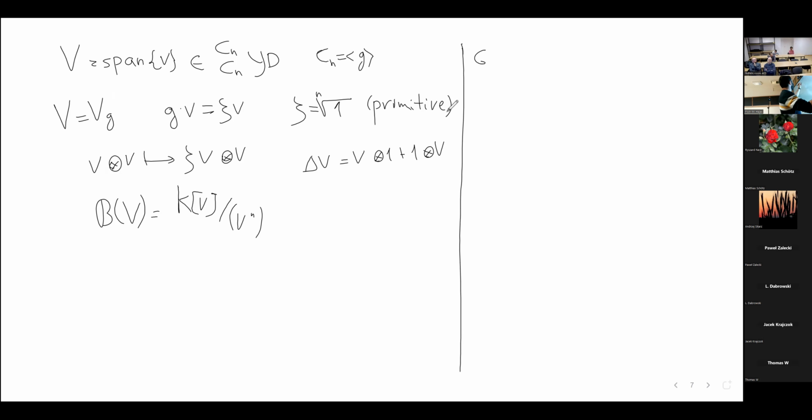So if G is abelian, we can show it using the fact that every irreducible representation of an abelian group is one-dimensional.